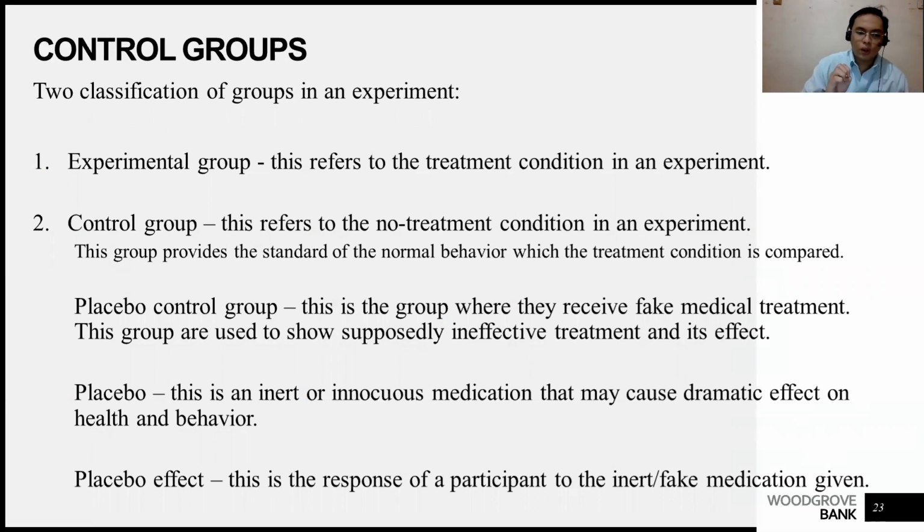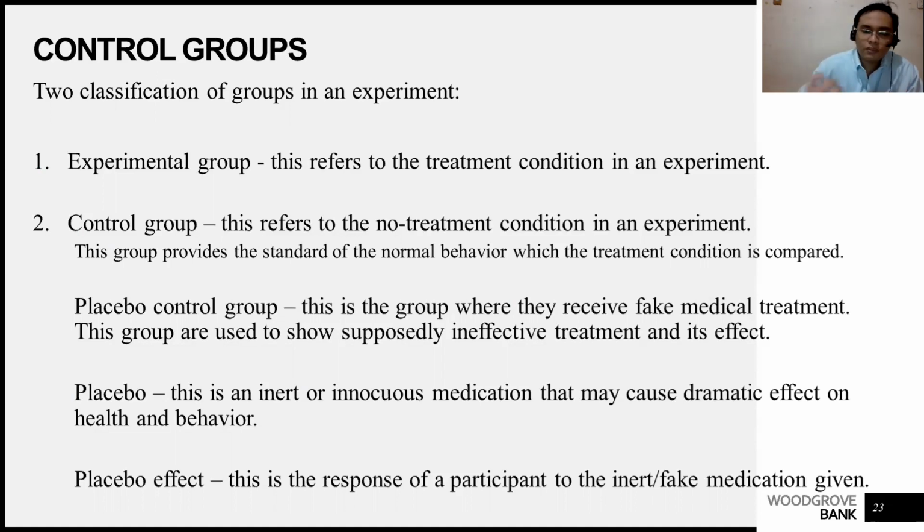This group is where you use the behavior-inducing events. For example, if you are going to test the efficacy of paracetamol, the experimental group would be the group that would take the medicine. Then the other one is the control group.